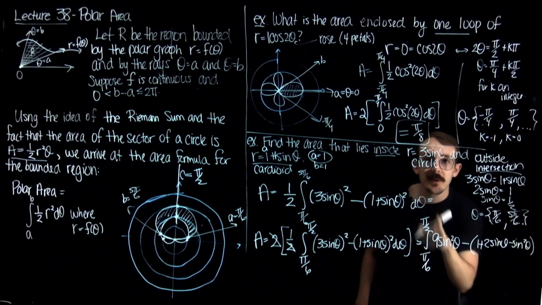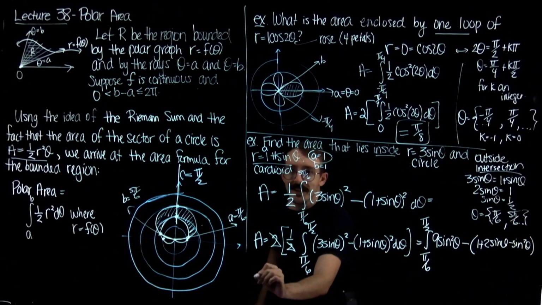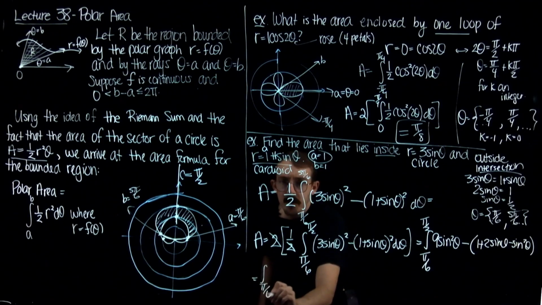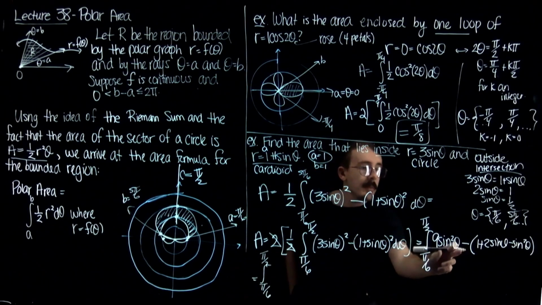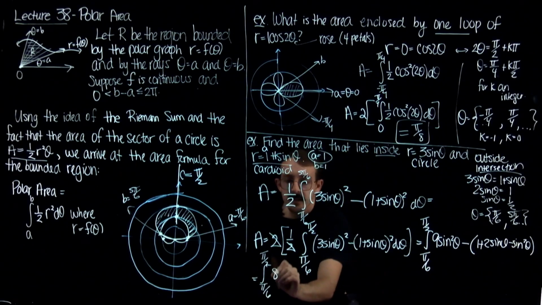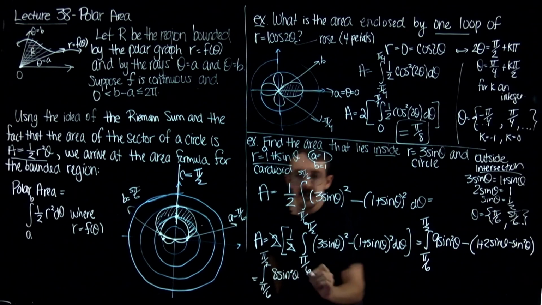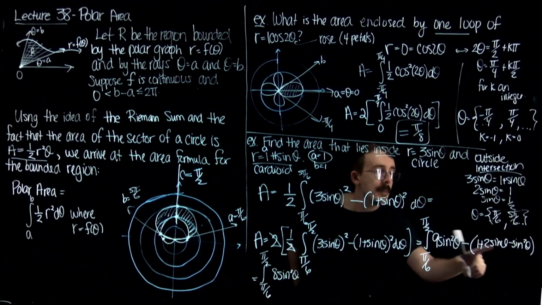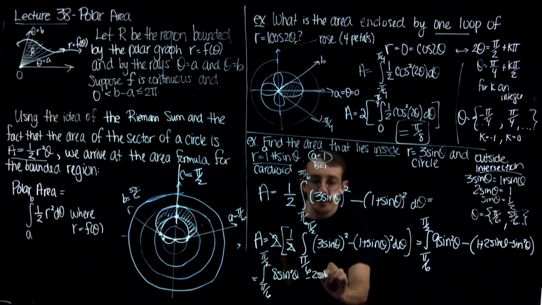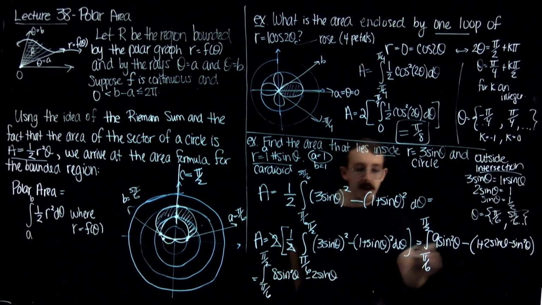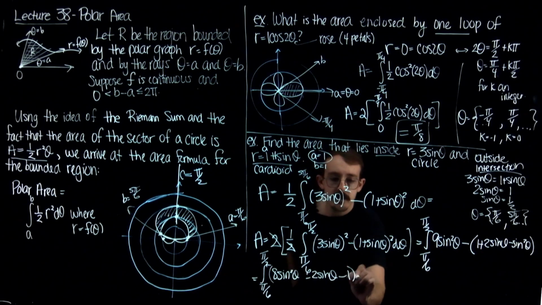I'm trying to be careful not to go off the screen there. Let's go down here. I see I have some more room. So this is the integral from pi over 6 to pi over 2. I can combine these, and I have now 8 sine squared theta, minus 2 sine theta, and then minus 1 d theta.